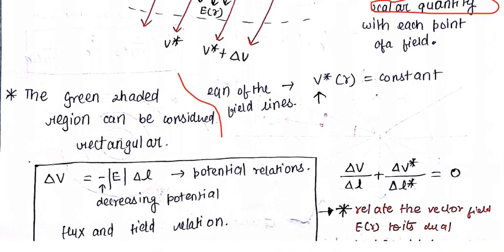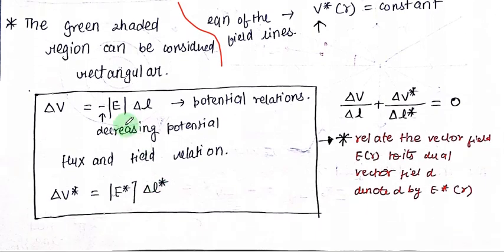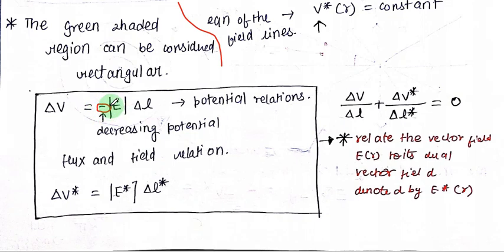So here V star R is constant, that's the relation we know. And from the potential relations we know that delta V is minus mod of E delta L, a decreasing potential; this is the sign that the electric field decreases in the direction of increasing potential. So the flux and field relation, that is delta V star is E perpendicular dL, that relation we have used here.